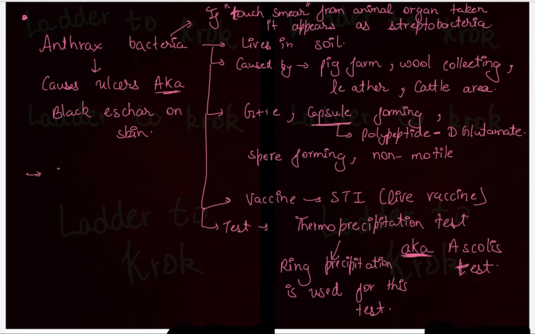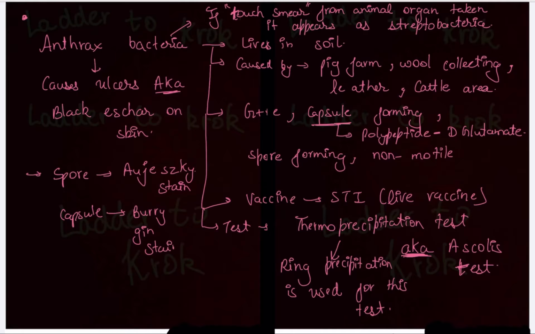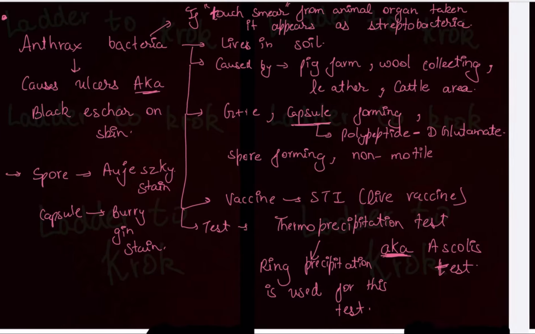And as I told you, the spore is stained by the Dorner stain, and the capsule is stained by the Berigin stain. All right, and remember, anthrax in a touch smear appears as streptobacilli.